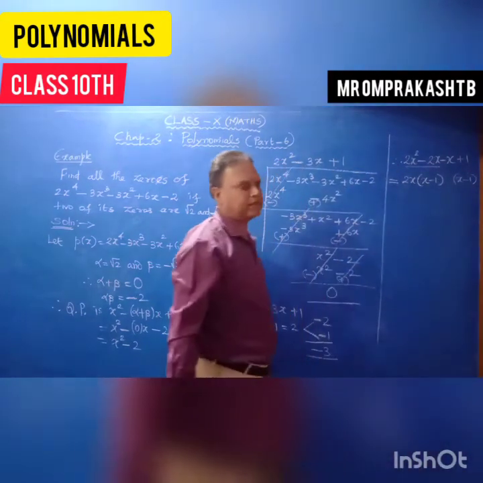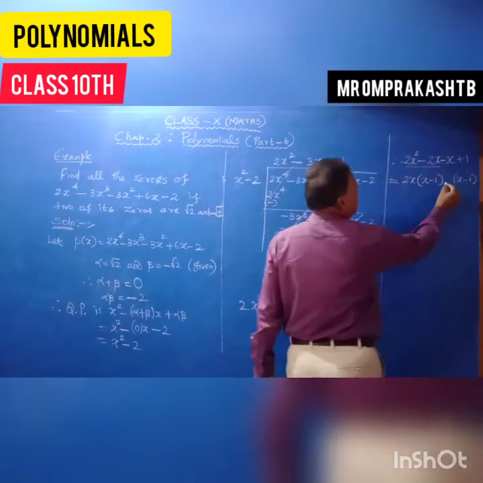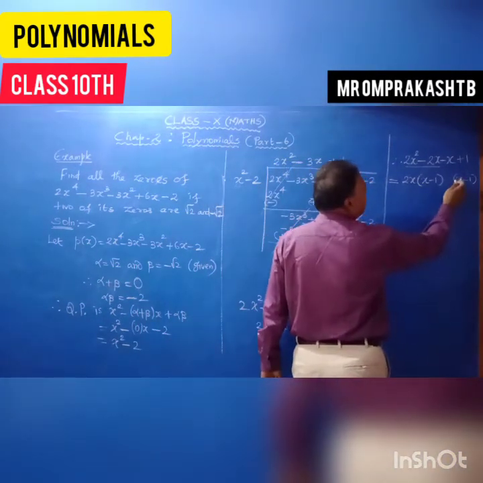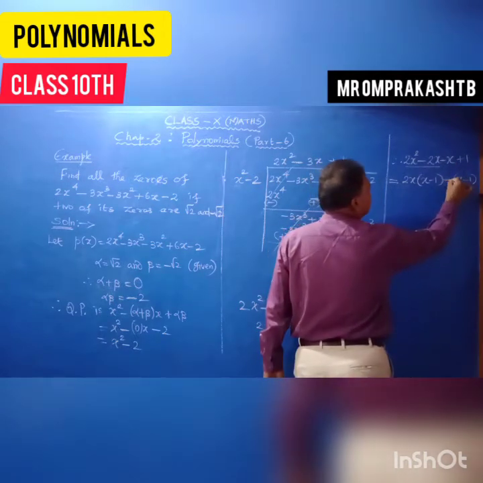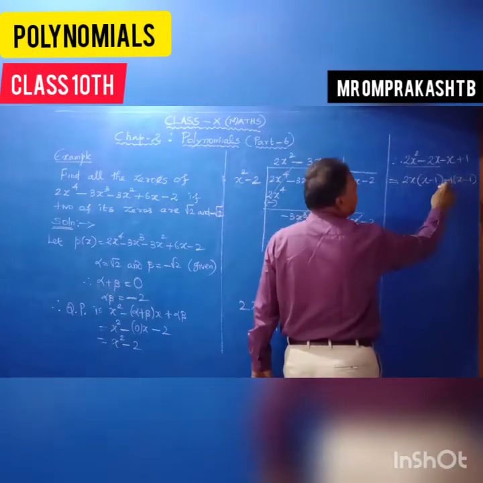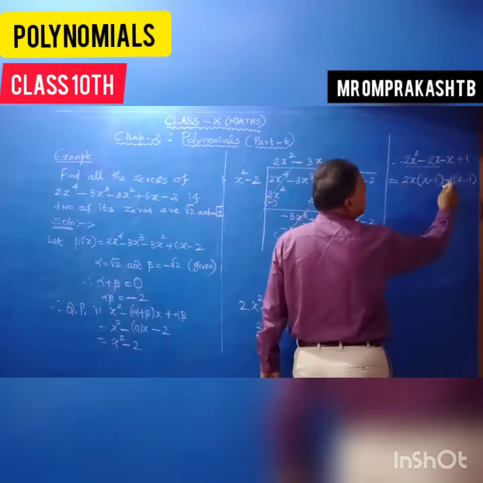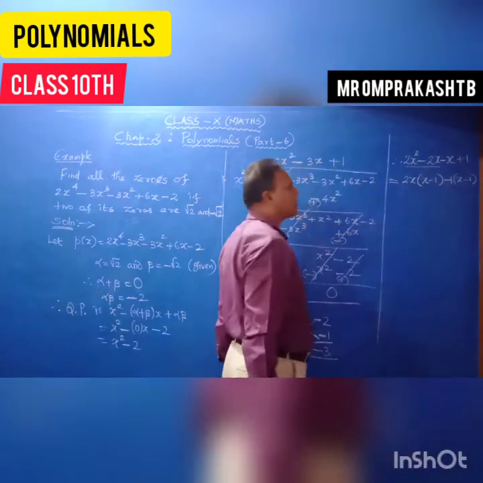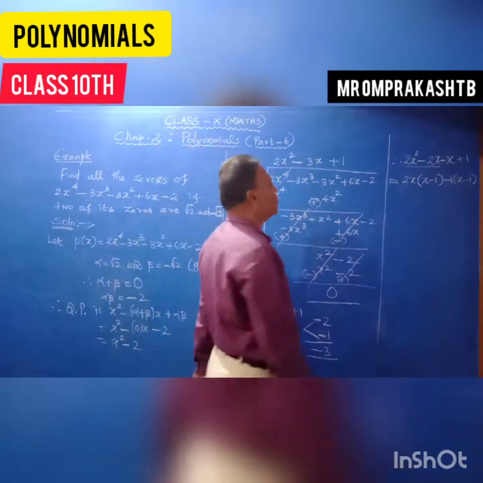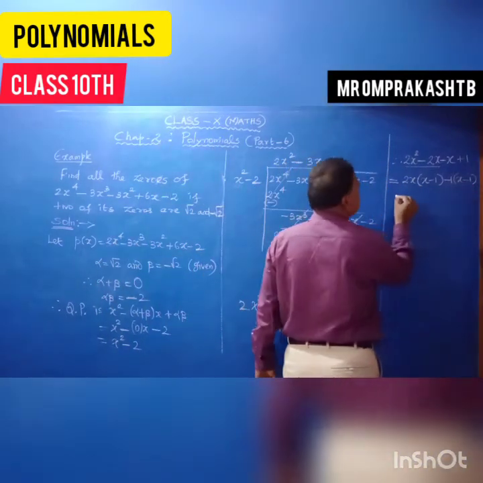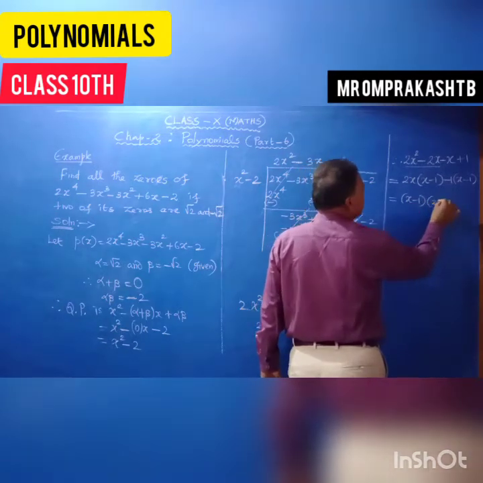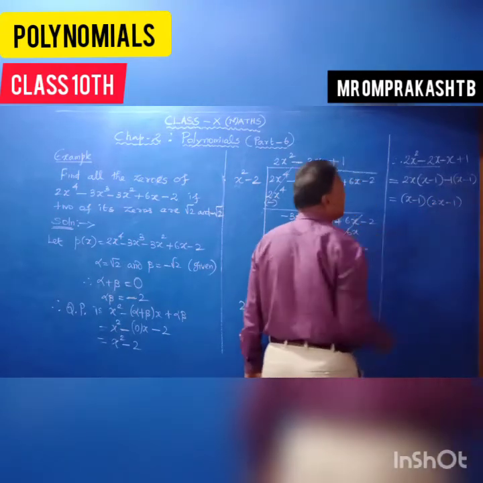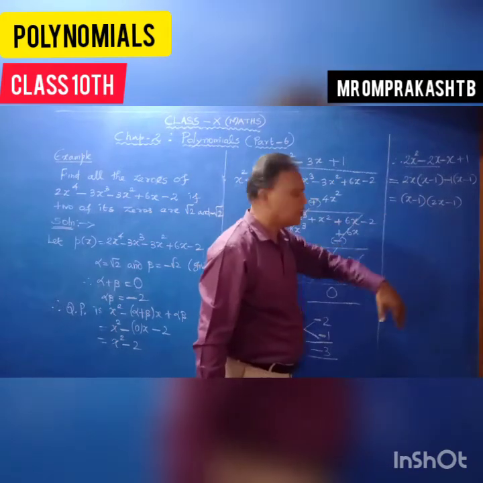Same factor you write. Now you have to choose one number so that if you multiply, you have to get the above 1. So such number find out. Minus 1 coming correctly. Minus 1 into x is minus x. Minus 1 into minus 1 is plus 1. Understand? Now these two terms, x minus 1 is common. Taking out, what you will get? The remainder 2x minus 1. So these two factors you make 0.